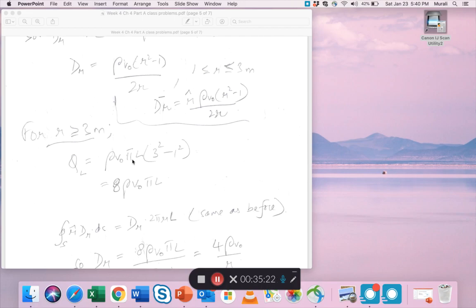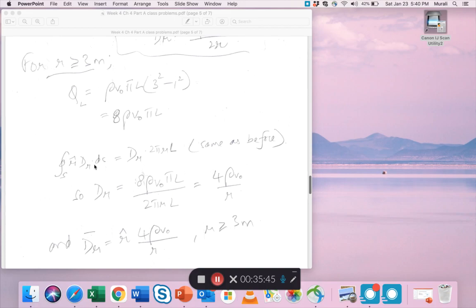So the volume of this surface is pi L this, and then you multiply that with the volume charge density, you get the total charge, which is this value. All this does is give you the volume, remember that. Then you multiply by the volume density. So in this case, you integrate the left side and you set it equal to the right side, same as before. So D_r now, the numerator is different. It's this.